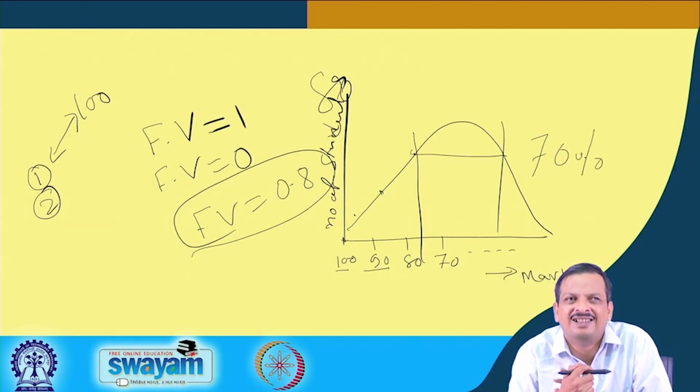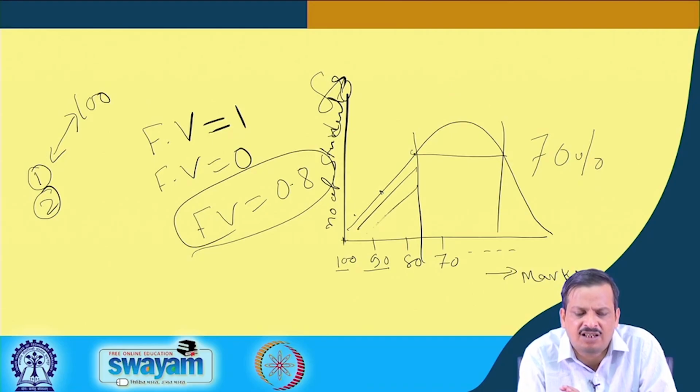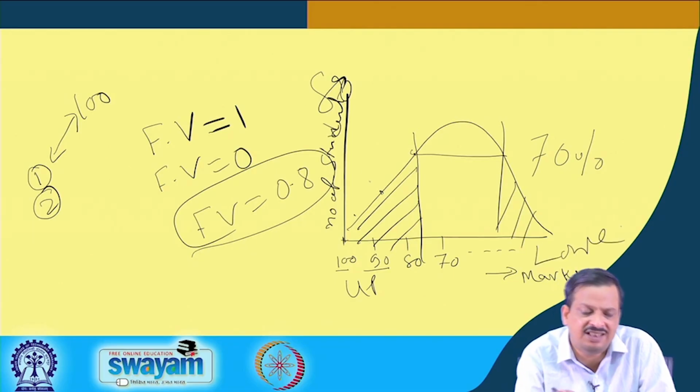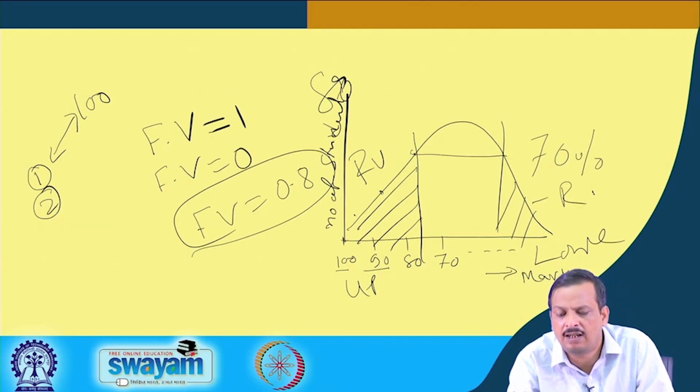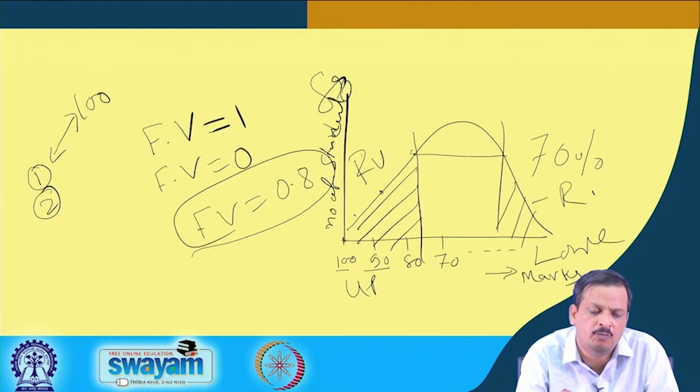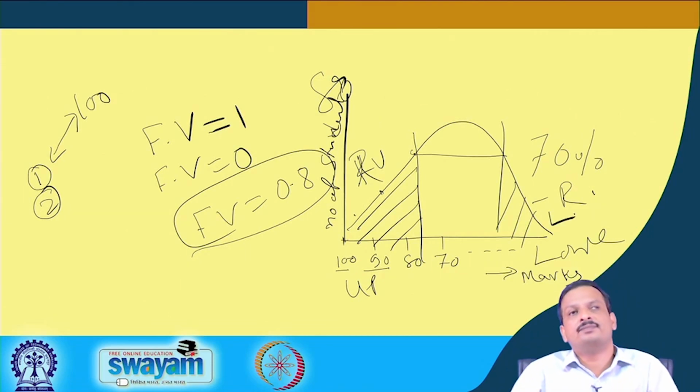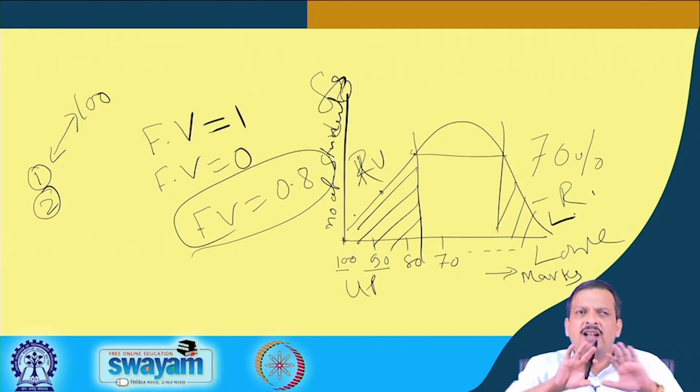Then this portion I can consider as an upper group and this portion as a lower group. So, this is called upper group U and this is called lower group L. So, upper group and lower group.